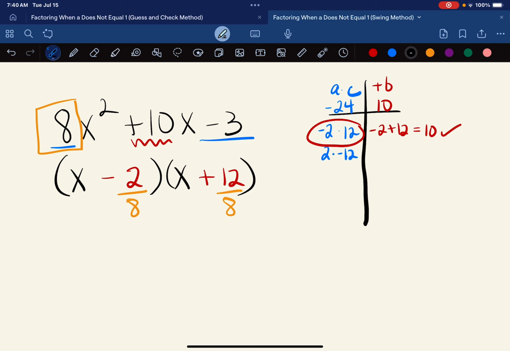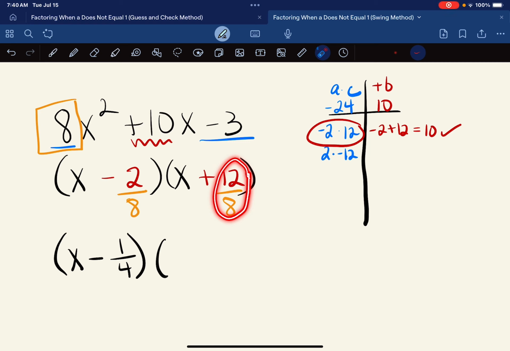The next step that we want to do is reduce our fractions. So x minus 2 divided by 8. 2 over 8 reduces to 1/4. And then we have in our second set of parentheses 12 over 8. 12 and 8 are both divisible by the number 4. So this ends up being x plus 3 over 2.